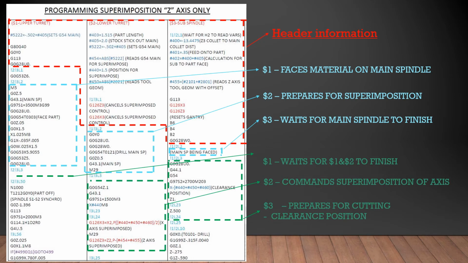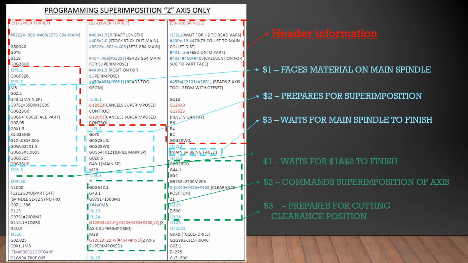In the channel 2 program, lower turret, look towards the bottom, and there is the superimposition being applied. We have G126 X3 equals Z2 with a P of #540 plus #450 plus #460, and then divide that by 2. Why divide by 2? Because we're looking for the physical radial distance between the two.